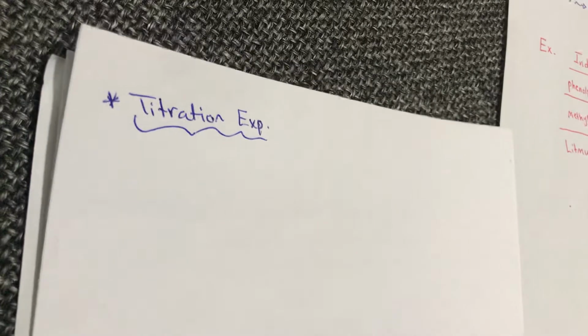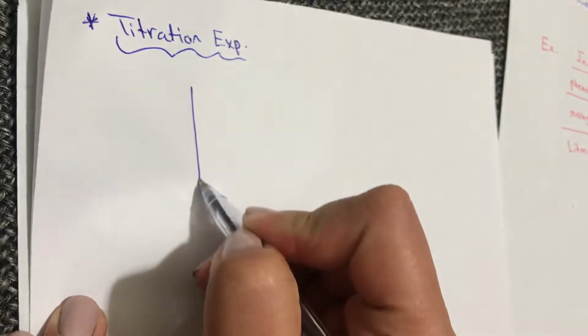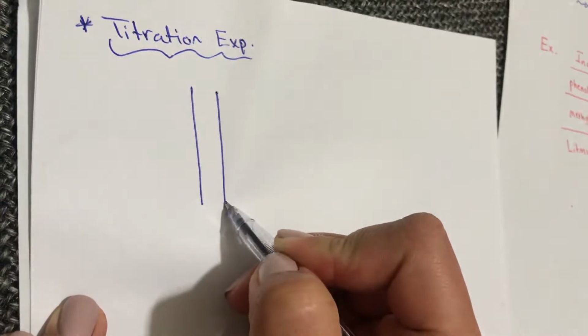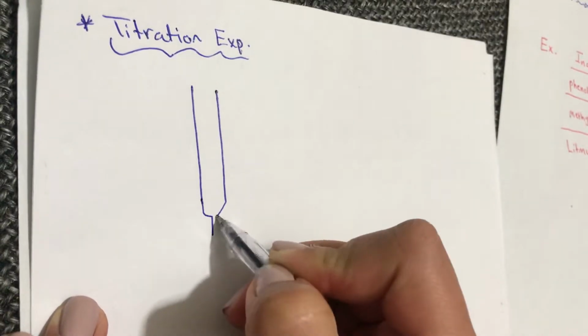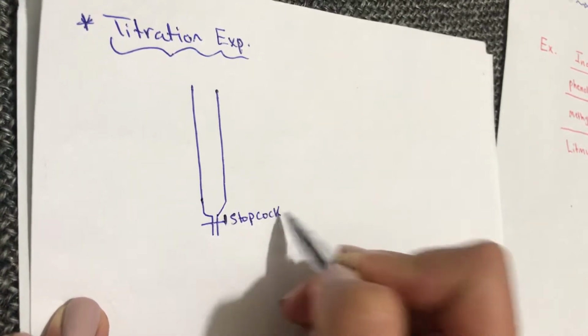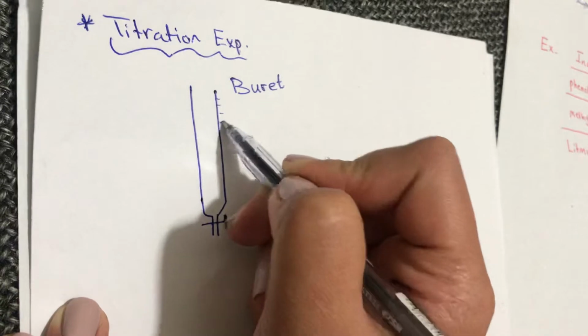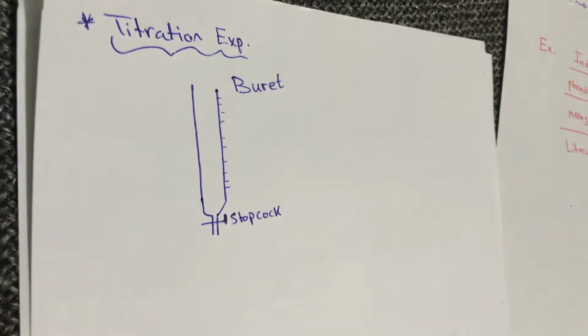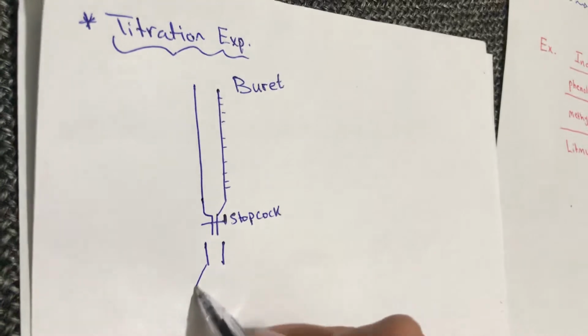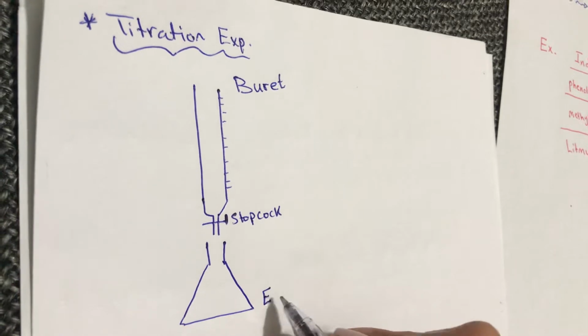Now, how do you perform a titration experiment? You have to use a burette, here the stopcock, which has a scale, and you have to use a flask. It's called an Erlenmeyer flask.